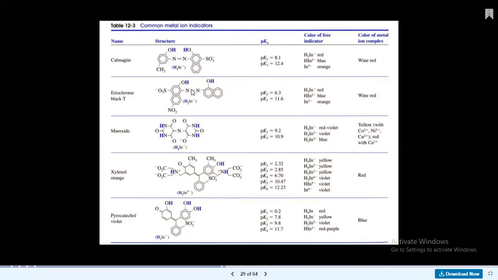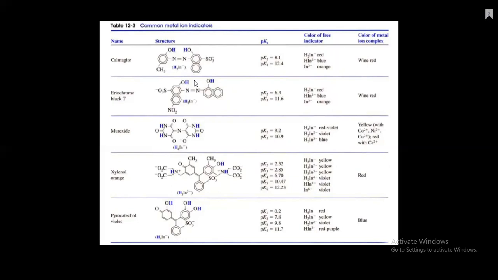Its structure contains a diazonium, one nitrogen with a double bond, and two phenolic groups that form the complex with the metal ion. Here the metal comes into the structure and will form a complex. With the removal of these two hydrogens, a metal will bind here to form a complex with the indicator.